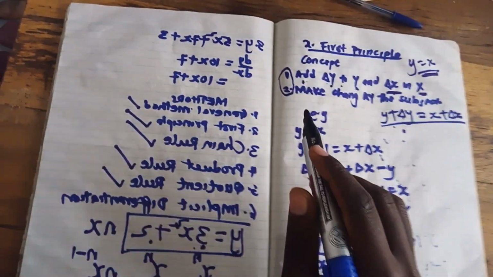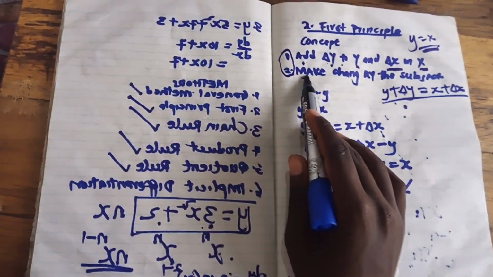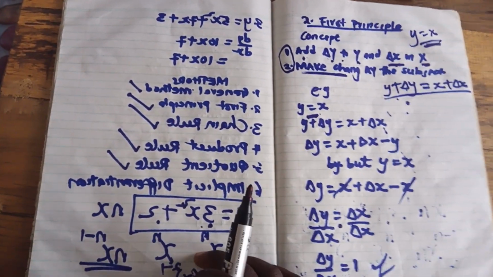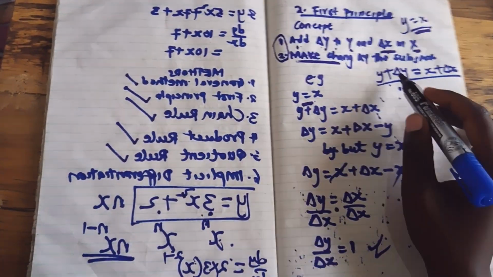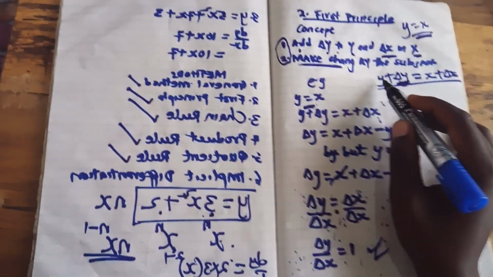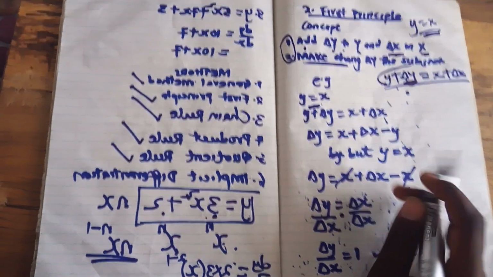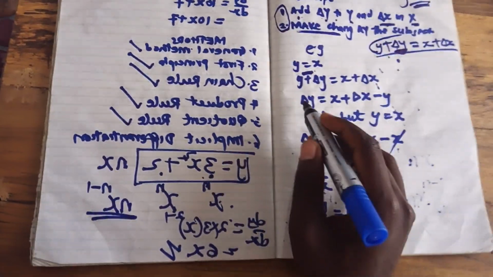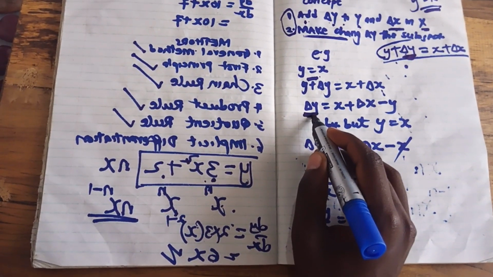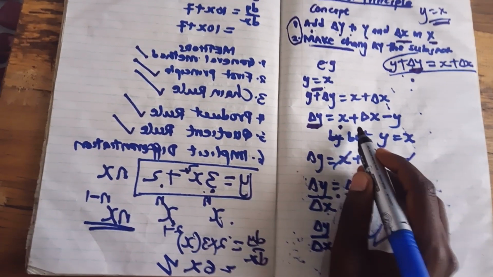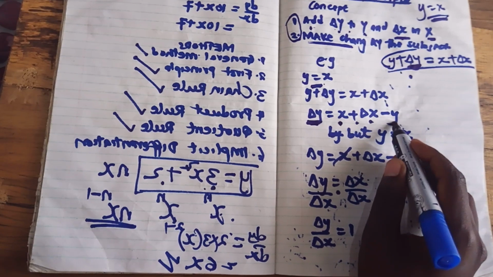Then the second concept area: we said make change in y the subject of the formula always. By making this the subject of the formula, y goes to the other side to the negative side. Then change in y is equal to x plus change in x minus y.